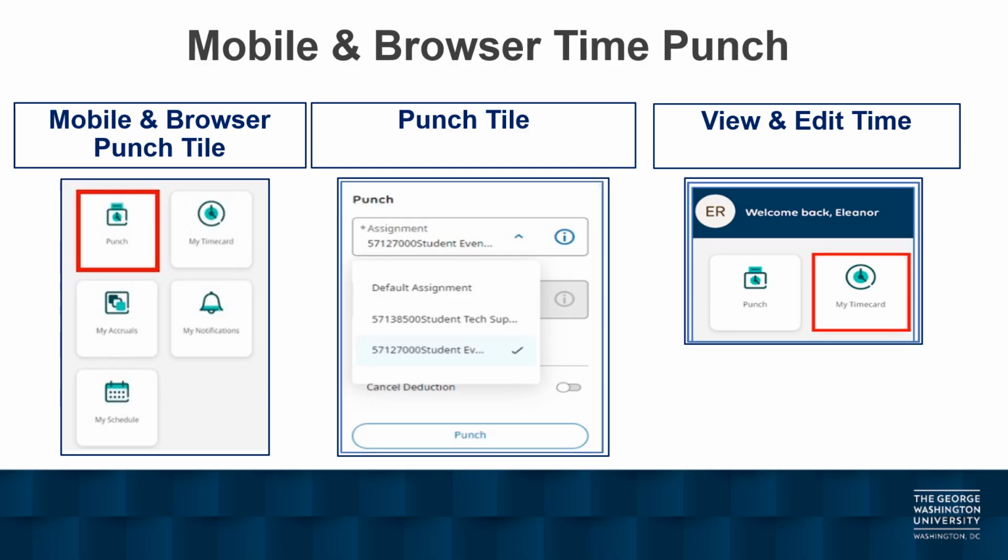If you only have one position, then it will automatically show up with no drop down, and you can select the punch button and view and edit time from the PC browser or the mobile app. You will see a My Time Card button that you can select to access your time card.